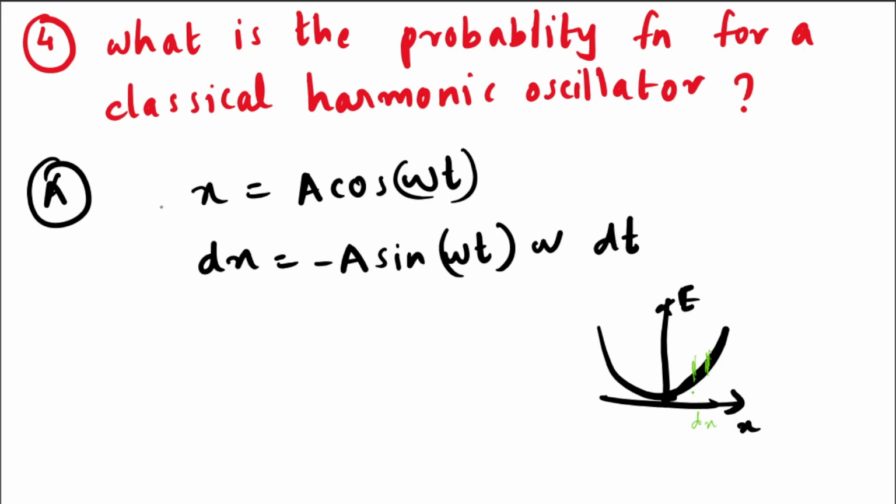Let the time taken by the oscillator to move across this region dx be dt. Also assume that the total time period for the oscillator is capital T.